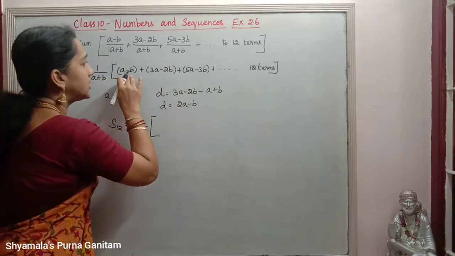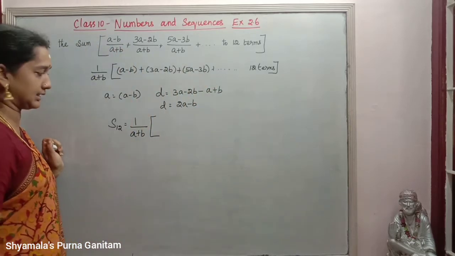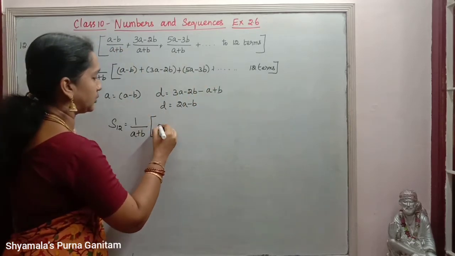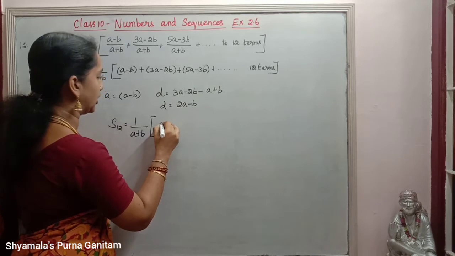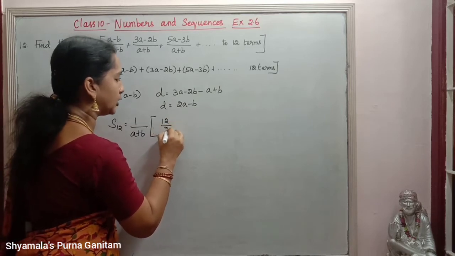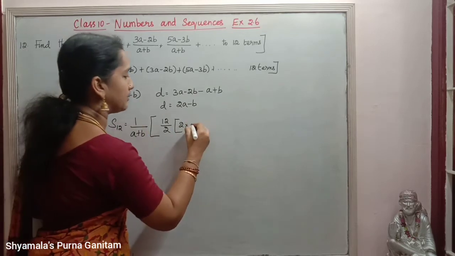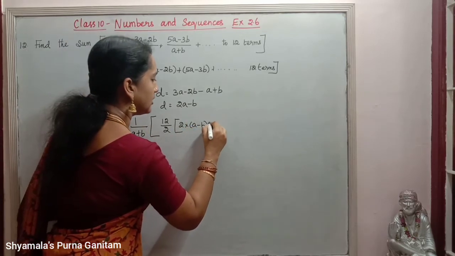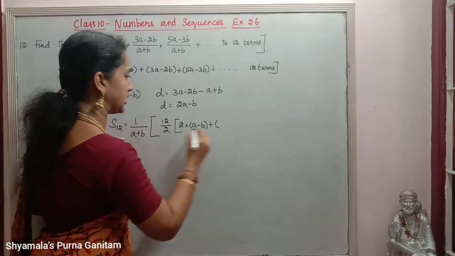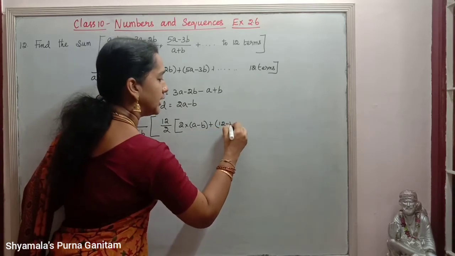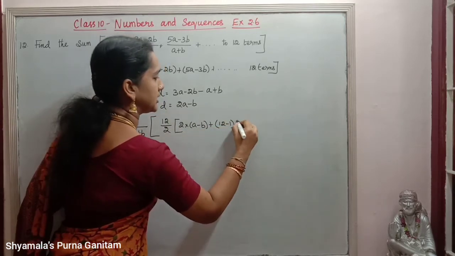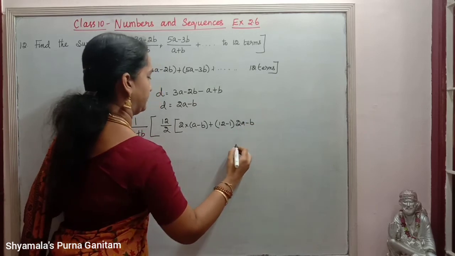Then for this term only we are finding S12. So that will be n by 2, where n is 12, 12 by 2 into 2a, 2 into a minus b, plus n minus 1, n is 12 minus 1, into common difference 2a minus b.